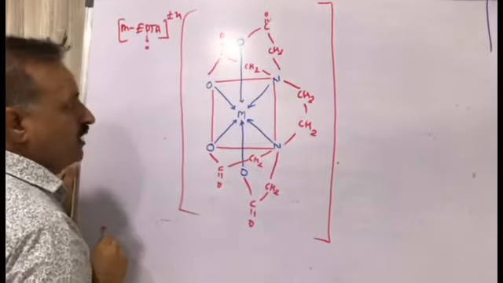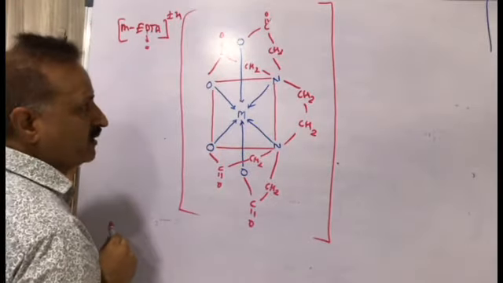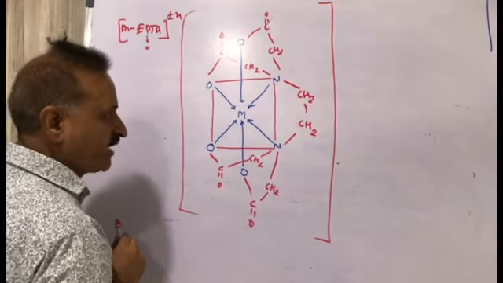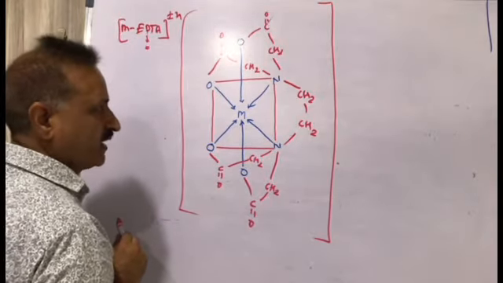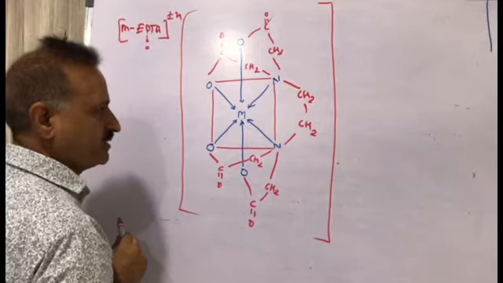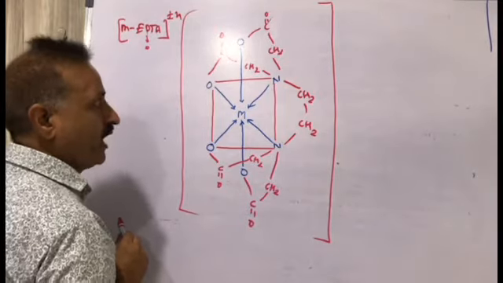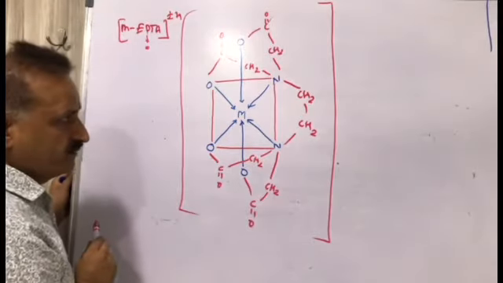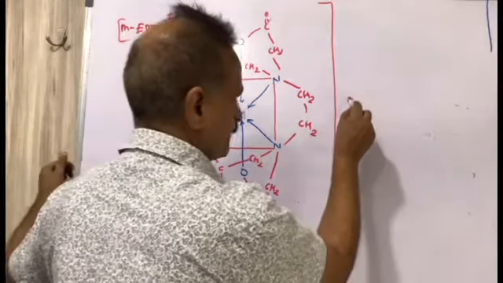covalent bonds attaching with a metal, and you can check the formula: how many nitrogen, how many CH2, how many O and how many N are present in EDTA. I am checking over here.